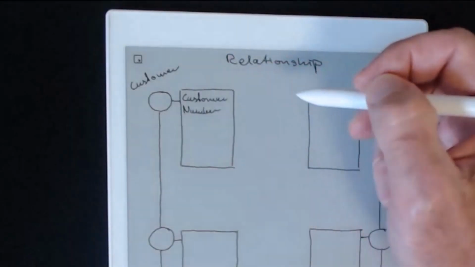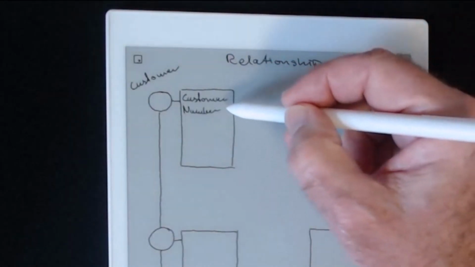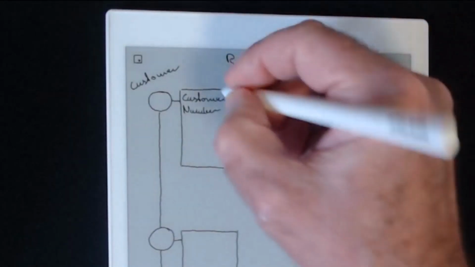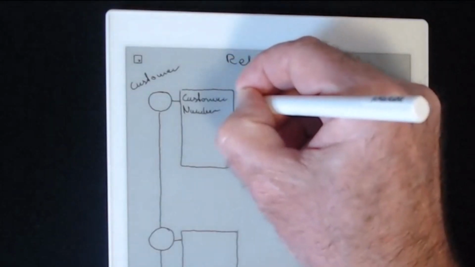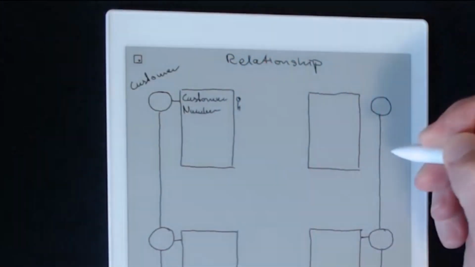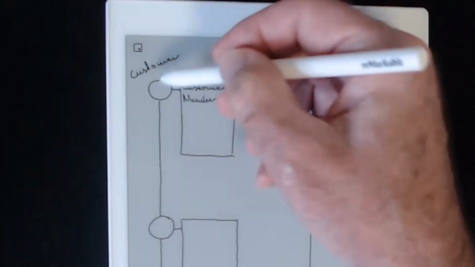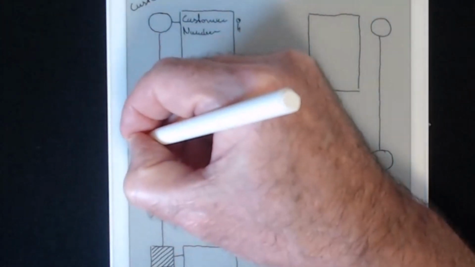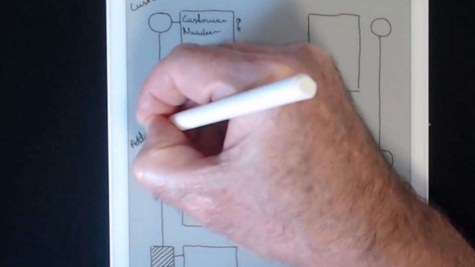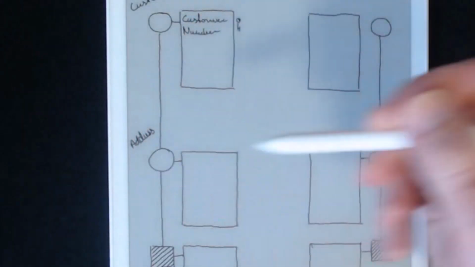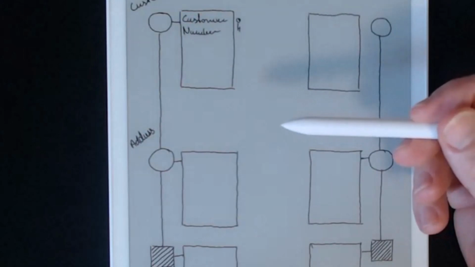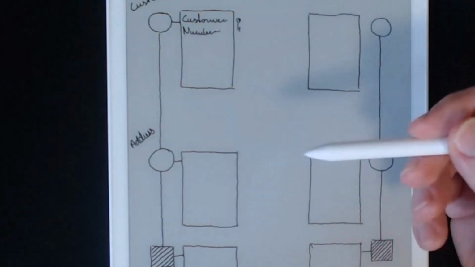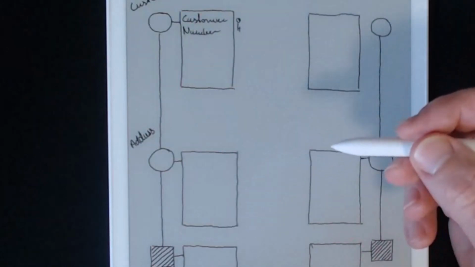Since the customer number is what identifies one customer, in the target map you can mark it as a key field. Let's say then that this customer can have one or more addresses, like a primary residential address, but maybe also holiday homes and so on.